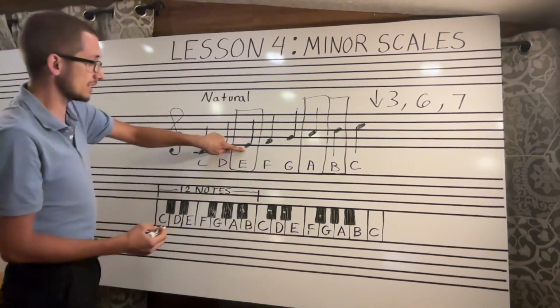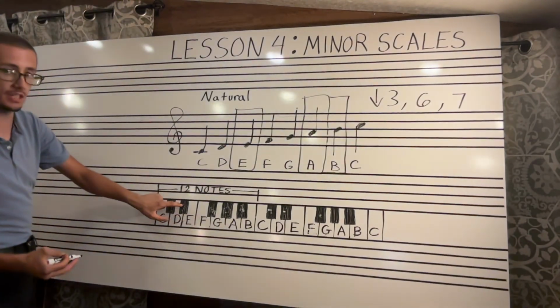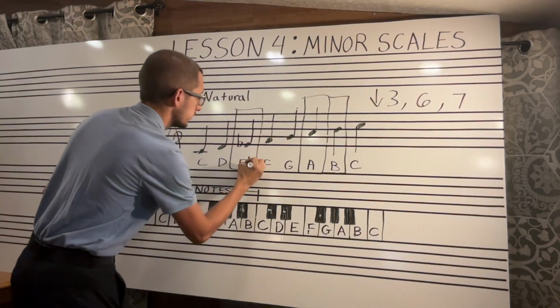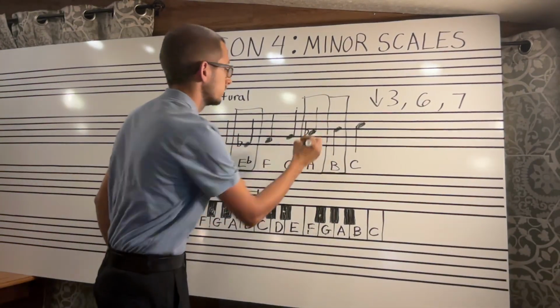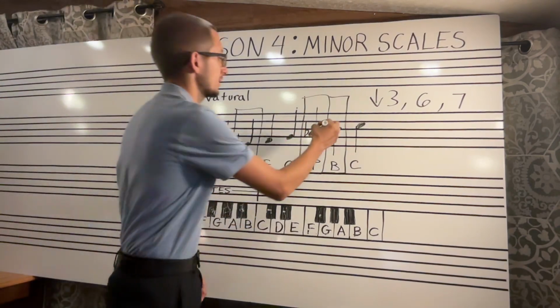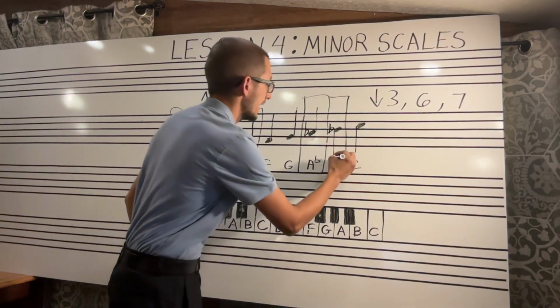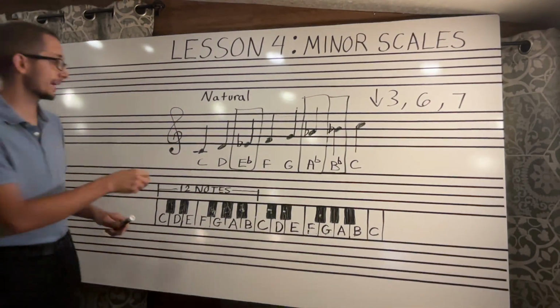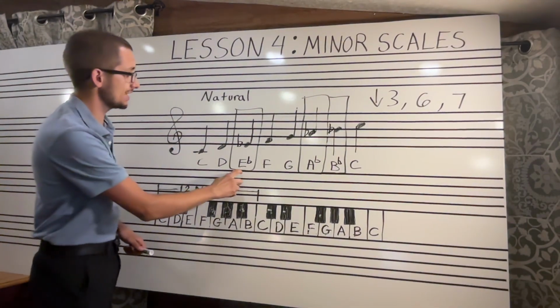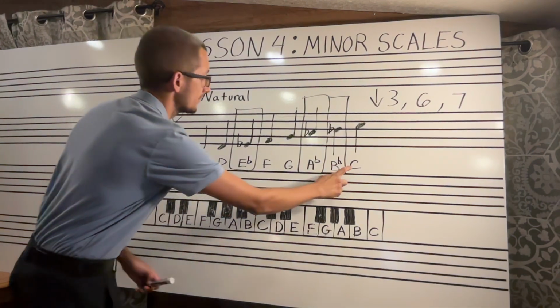So if we lower E by a 1/2 step, that turns into E flat. If we lower A by a 1/2 step, that turns into A flat. B down a 1/2 step, that turns into B flat. So now this is our C natural minor scale. C, D, E flat, F, G, A flat, B flat, and C.